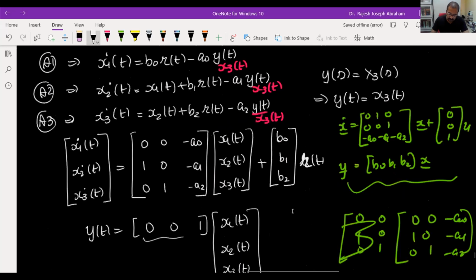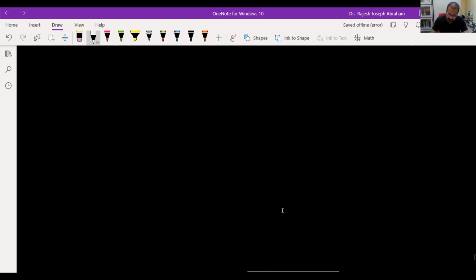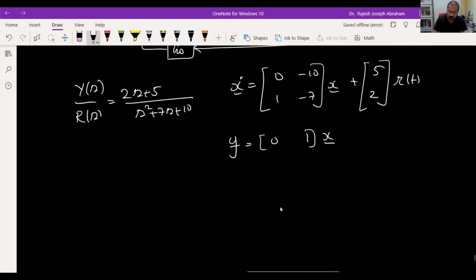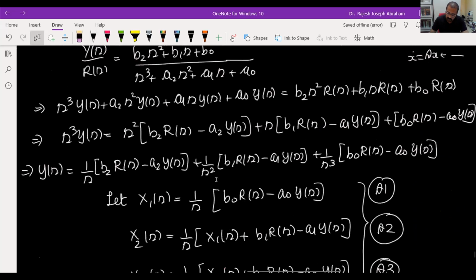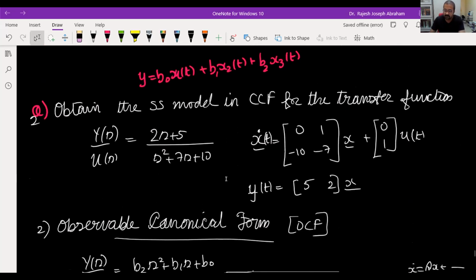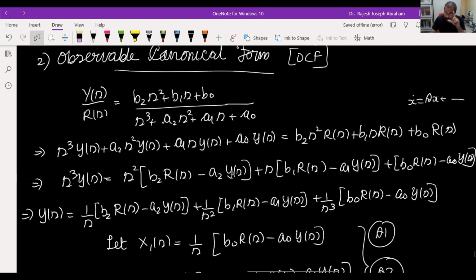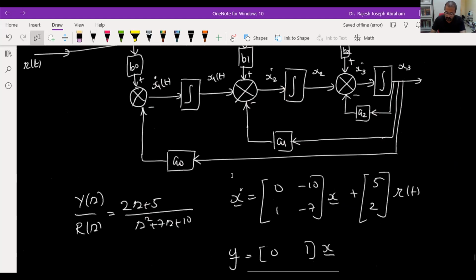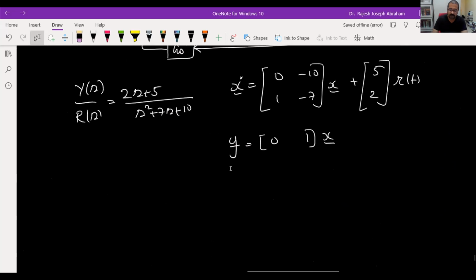You can see here it is 0, 1 in the C matrix. And this 5, 2, the row matrix in the controllable canonical form, will become the column vector in observable canonical form, 5, 2. Okay, so in this way they are related.